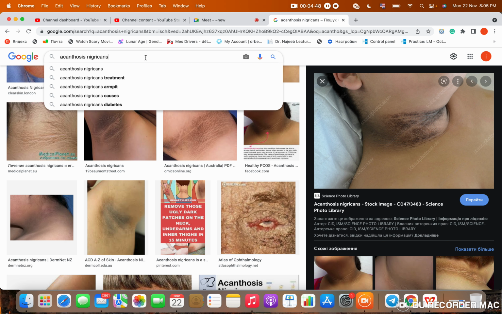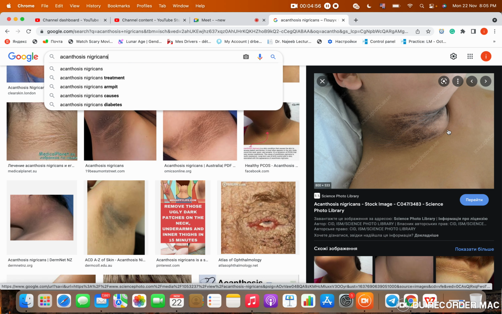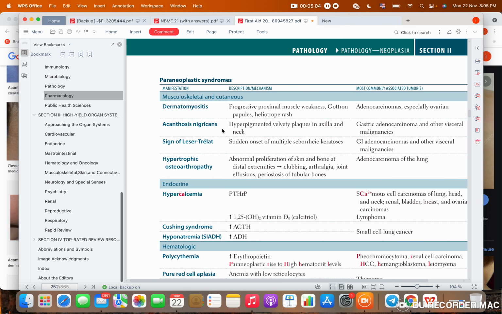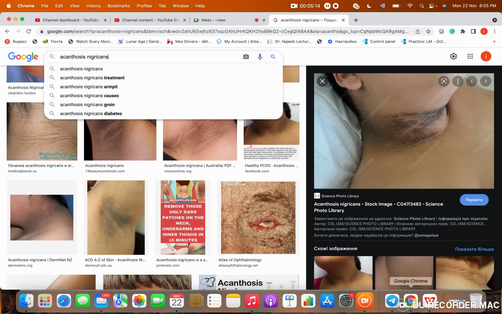But if it happens after a lot of time, it took a lot of time to happen until the build-up, until all of this dysfunctional insulin buildup, then it is diabetes mellitus. Okay, so here you can see hyperpigmented velvety plaques in the axilla and the neck, as you saw in the picture here.